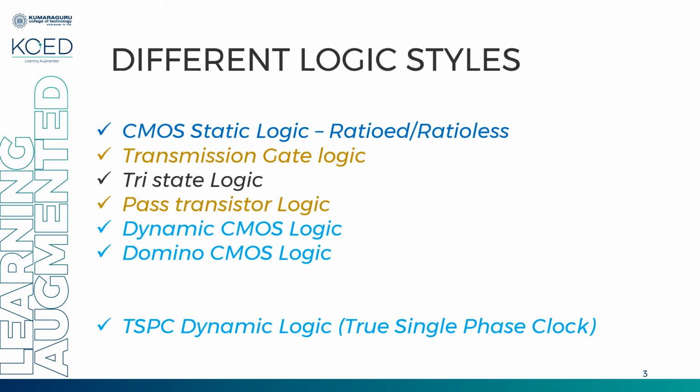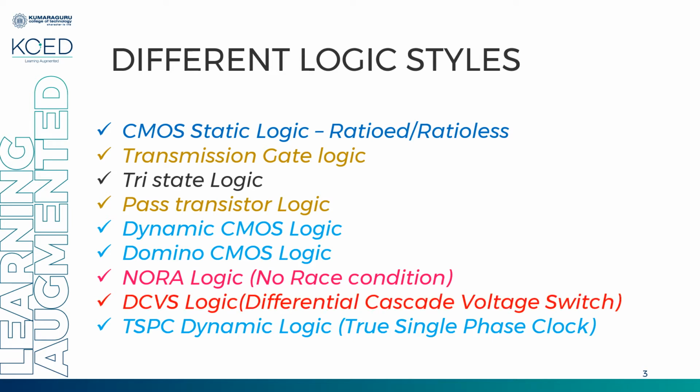When you go for dynamic circuits, your register and a value that is stored for a particular time period comes into picture. Dynamic circuits can be designed using dynamic domino TSPC circuits with clock, that is synchronous circuits. And you have separate, that is NORA, no race condition, and DCVS, differential cascode voltage switch logic.